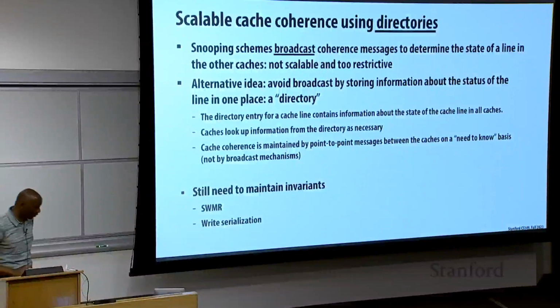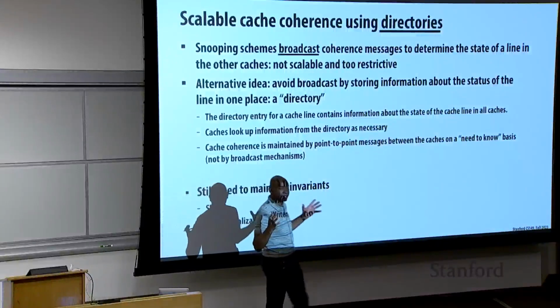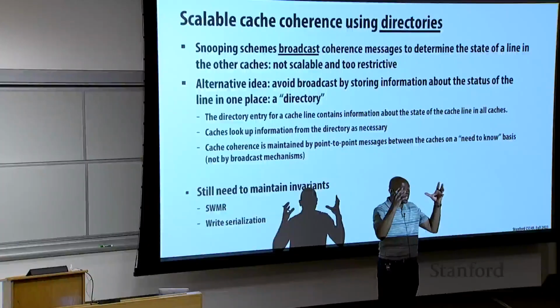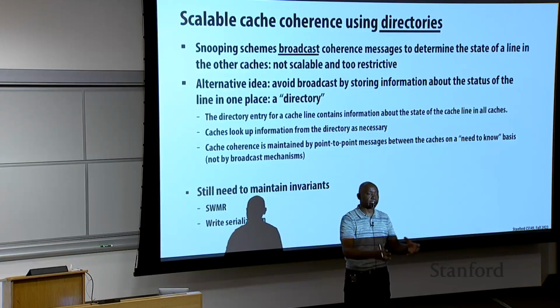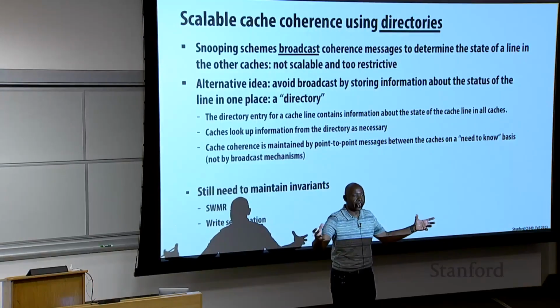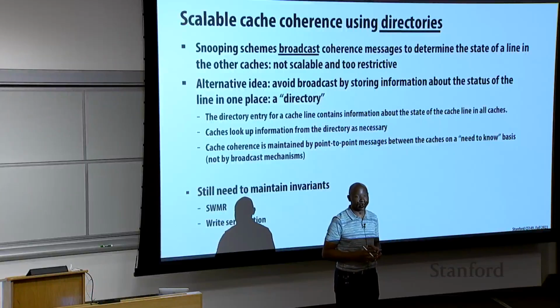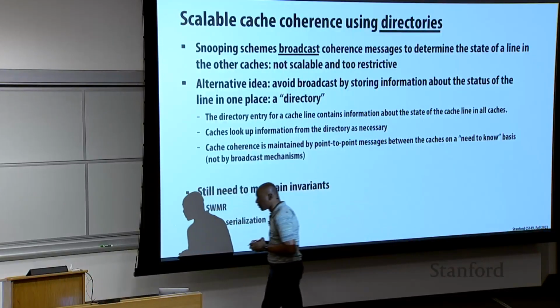All right, so the problem with buses, of course, is they don't scale, right? You've got a single set of wires that everybody's sharing, and so that means that every transaction for every cache line is seen by all the processors, even the processors that don't have that cache line. So that's one problem.